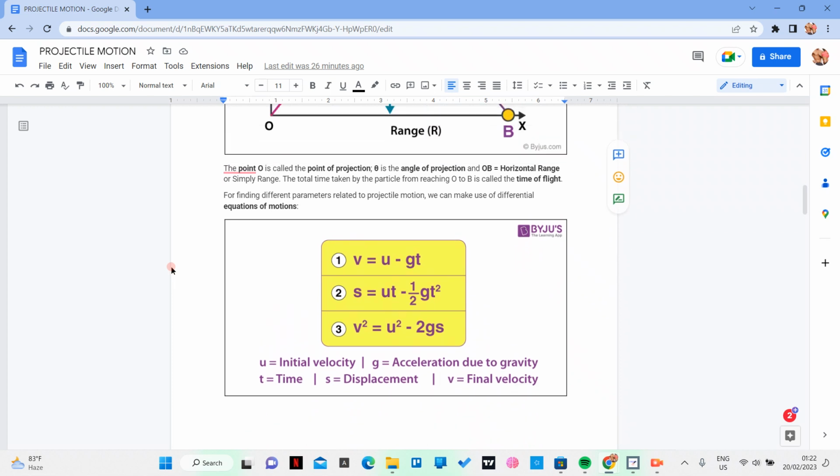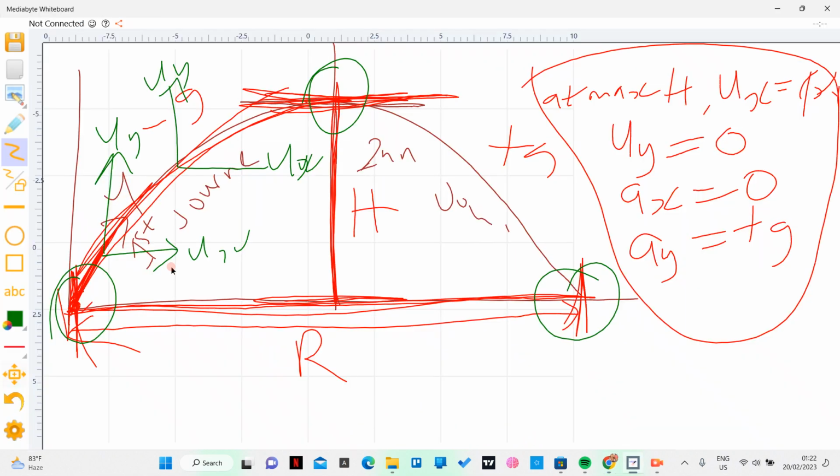Now, to derive the formula for calculating projectile motion, since the body is under gravity, and don't forget that under gravity you have what? Constant acceleration, and you use the equations of uniform motion when the acceleration is constant. If the acceleration is changing or the acceleration is zero, you cannot use the equations of uniform motion.